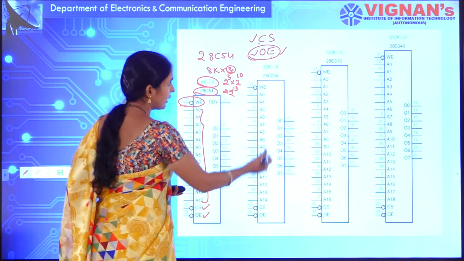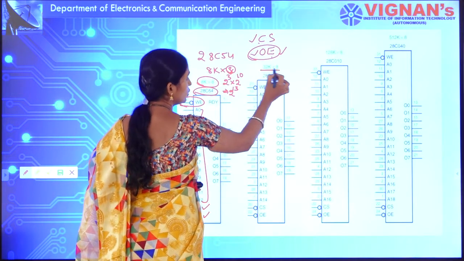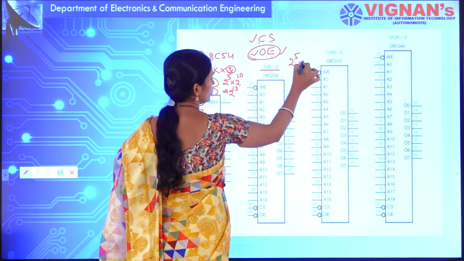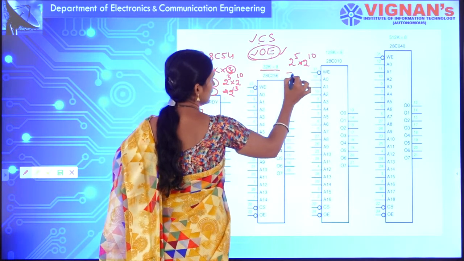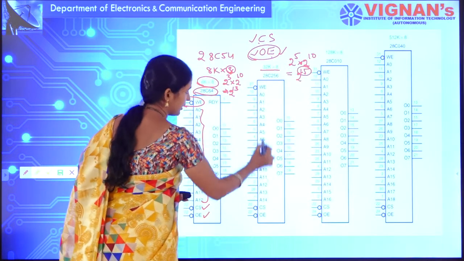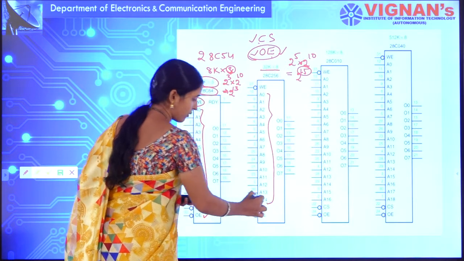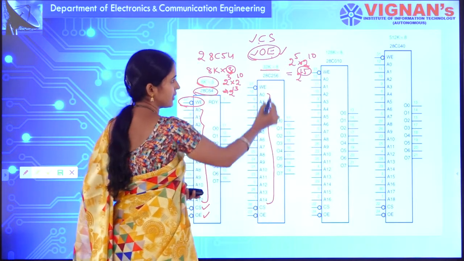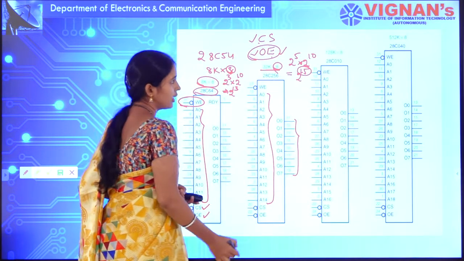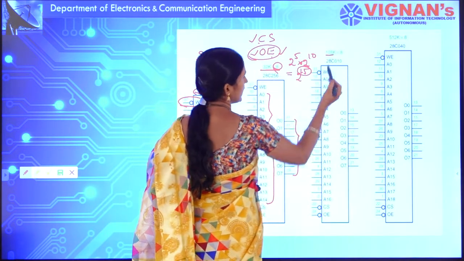Like that, see here 32K by 8. 32K is 2 power 5 into 2 power 10. That means it will have 15 address lines, that is A0 to A14, with 8 output lines, A0 to A7. Similarly, 128 kilobytes.